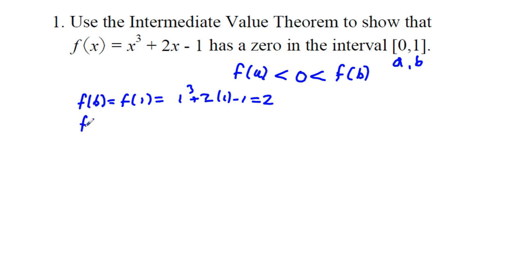And then f of a is going to be f of 0, and that's simply going to be the y-intercept of this function, which is negative 1. So f of a is negative 1, which is less than 0, and 0 is less than 2.